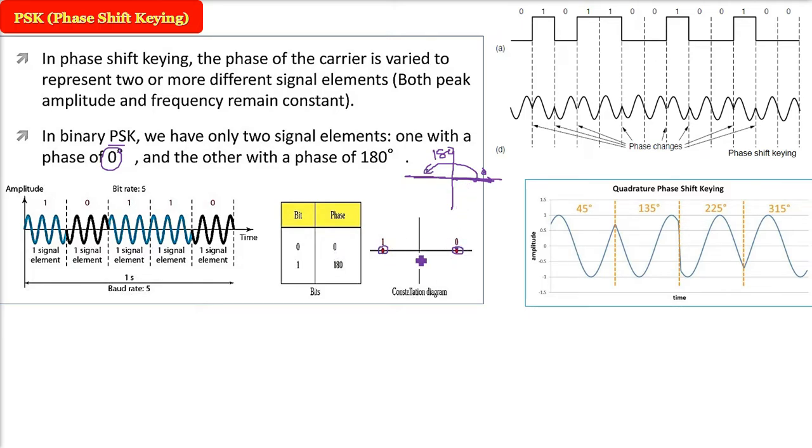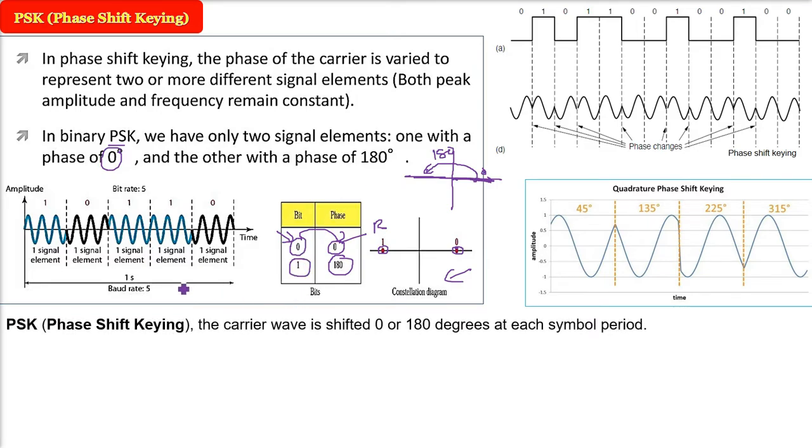So this is a constellation diagram. You'll see it in QAM 16, QAM 64. So bit 0 will have a phase of 0. The receiver, whenever it gets a phase of 0, will say 0. If it gets a carrier wave with phase 180 degrees, it will regard it as 1.